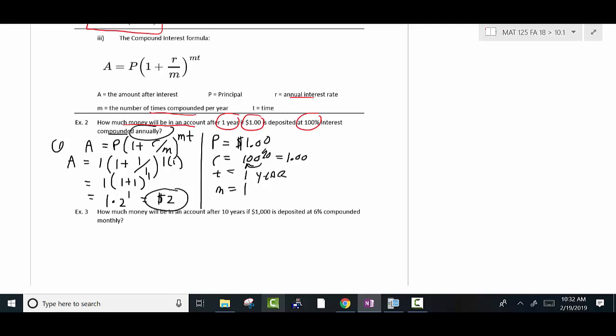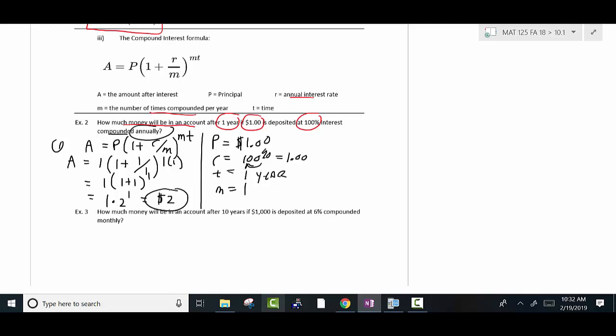What number did we just learn about that had to do with 2? e. So the idea is that as M gets bigger and bigger, it gets closer to e. If you put $1 in the bank at 100% interest and compounded it every second, you'd be close to $2.70. That's how he discovered this number.